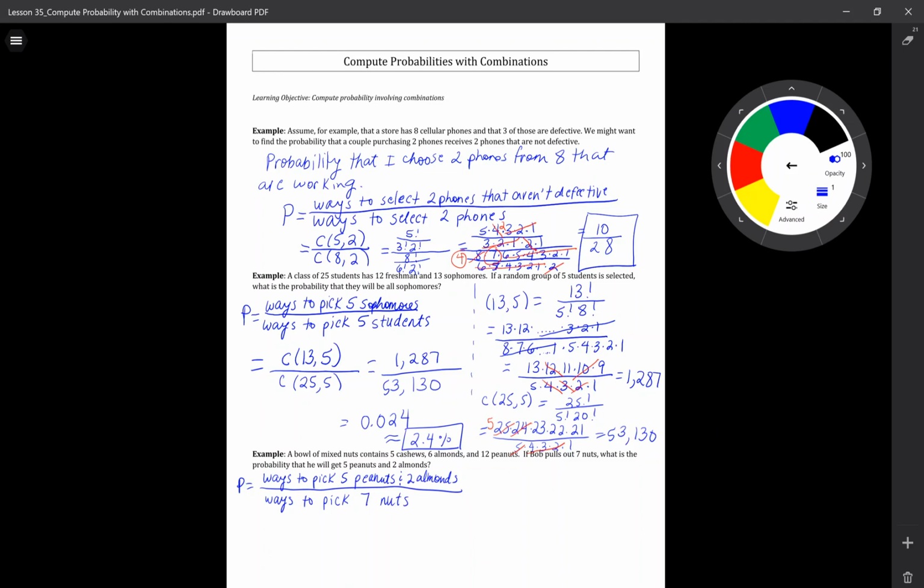All right, so first of all, how many nuts do I have total? Well, I have 5 cashews, 6 almonds, and 12 peanuts, so that is 23 total.